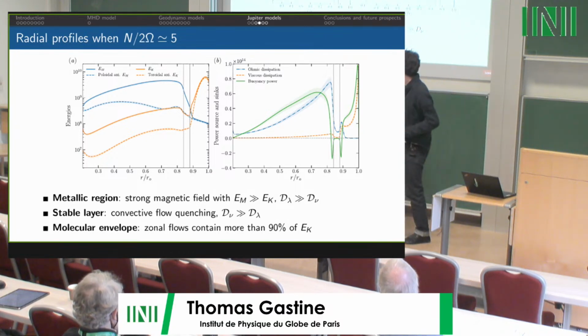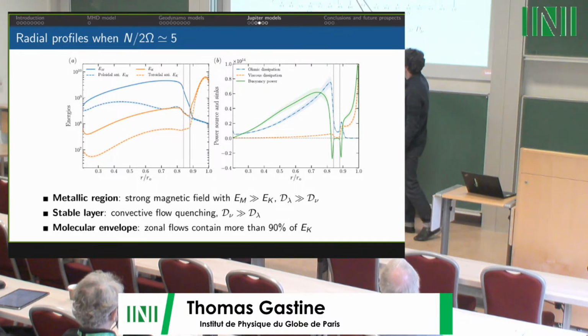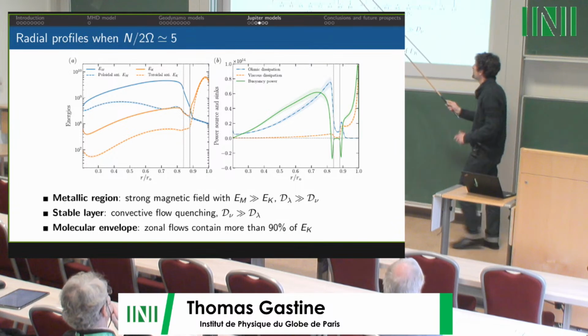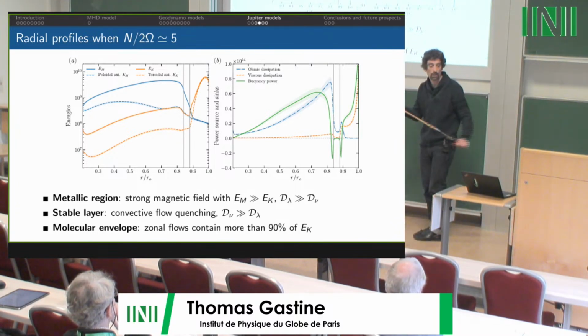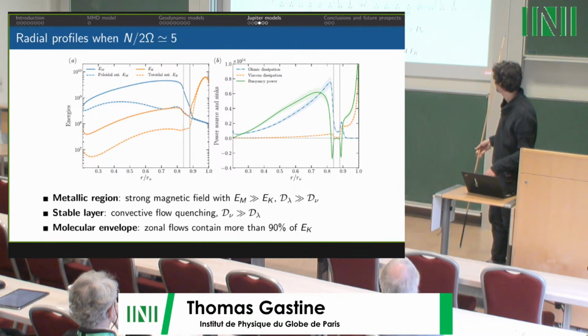So in other words, you're producing jets, differential rotation in the external region here. And you have a nice separation between magnetic and kinetic energy at depth. And so it's a good hint that at least the basic ordering of forces is correct in this model compared to our current understanding of gas giant planets.